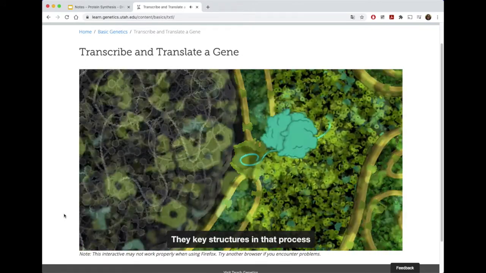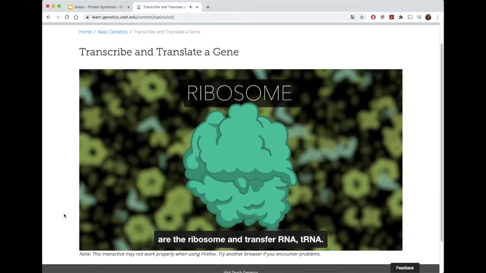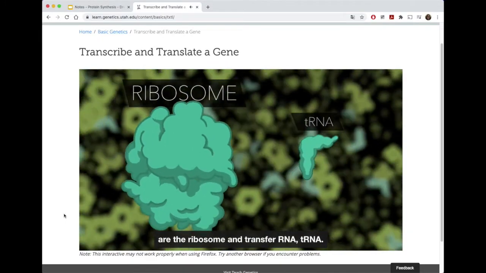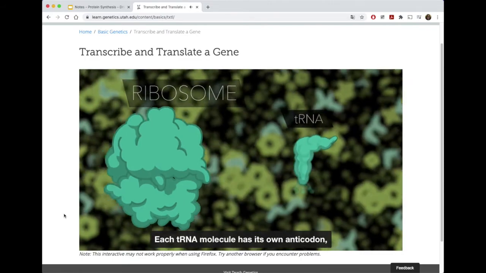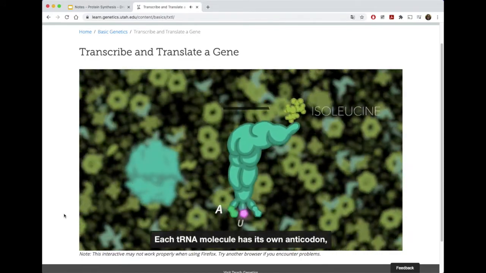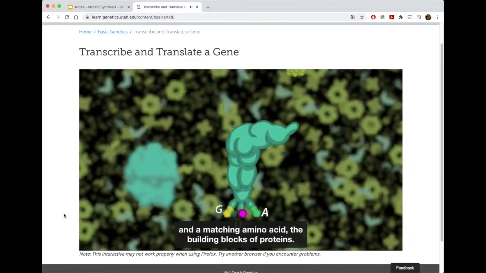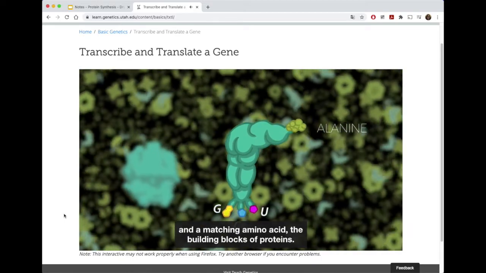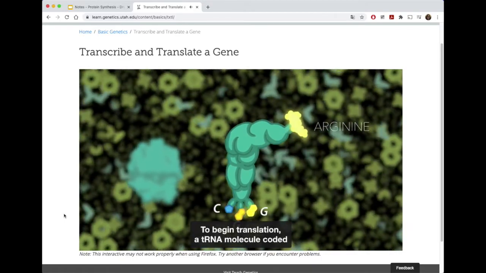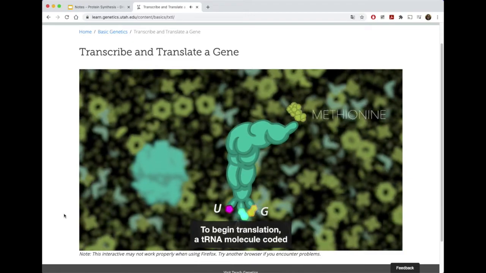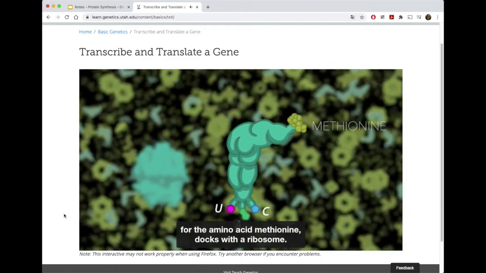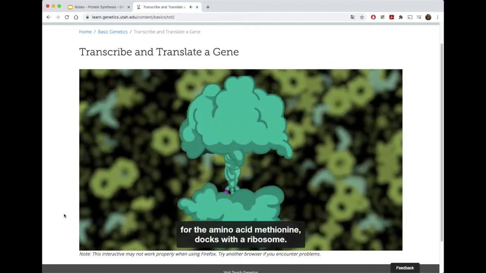The key structures in that process are the ribosome and transfer RNA, tRNA. Each tRNA molecule has its own anticodon and a matching amino acid, the building blocks of proteins. To begin translation, a tRNA molecule coded for the amino acid methionine docks with a ribosome.